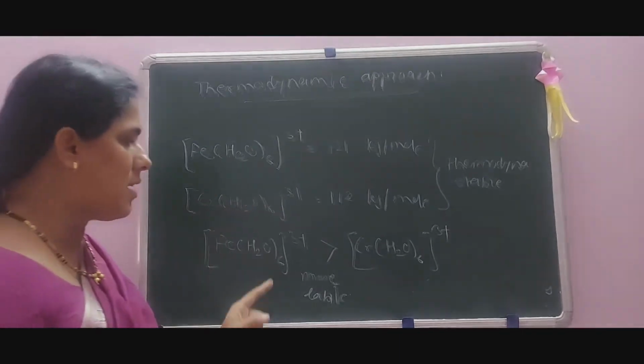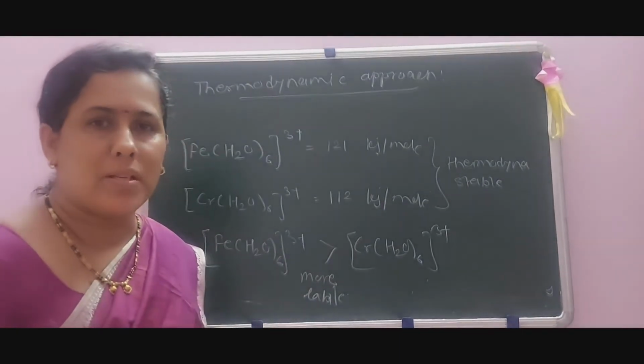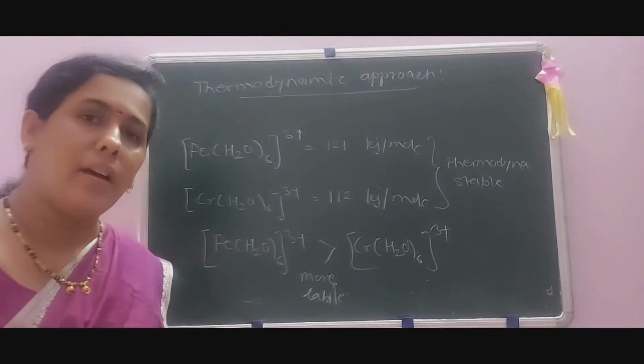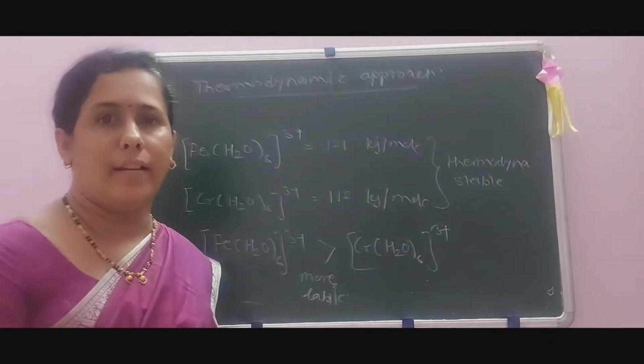This example brings to mind that a complex may be thermodynamically stable or unstable, and kinetically labile or kinetically inert.